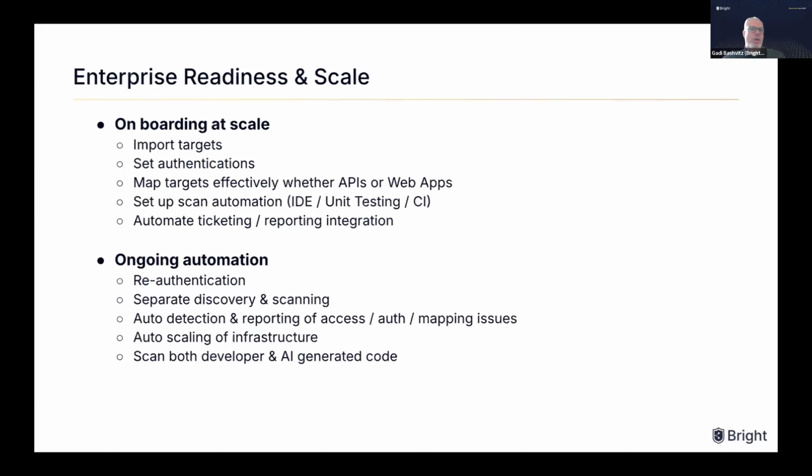And in order to do that effectively, you need to have the ability to upload schemas, or the ability to crawl targets, or the ability to upload HAR files or Selenium scripts, as we mentioned earlier, the broad set of ways to ingest the target so you can parse them correctly and find all the places where vulnerabilities could be lurking, and automate the scan components, whether it's automatically in the IDE or automatically when you run unit testing, or as Harish just showed, in that CI flow.